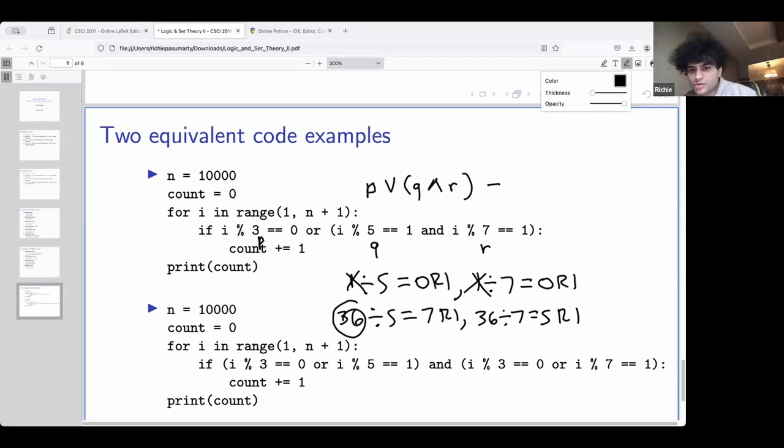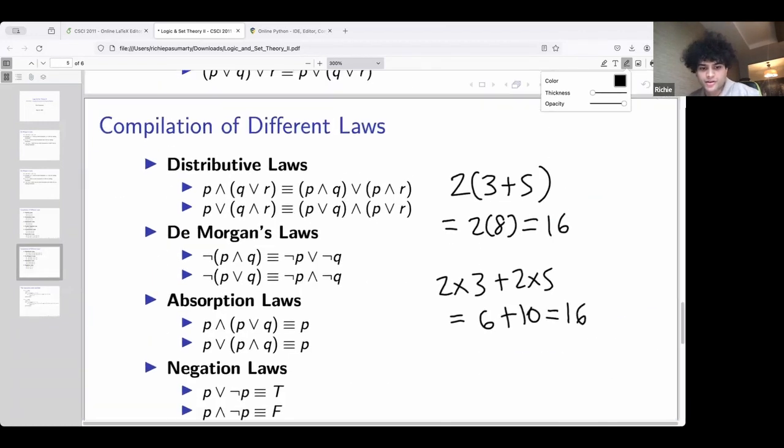Now, this should be equal to the following based on the distributive law: P or Q, and P or R.